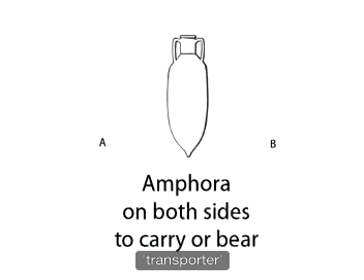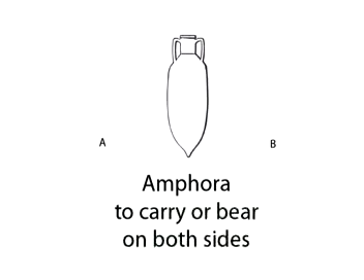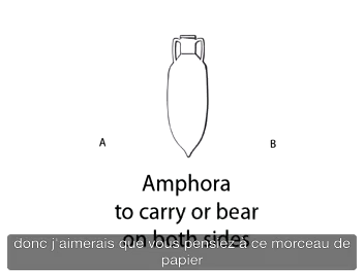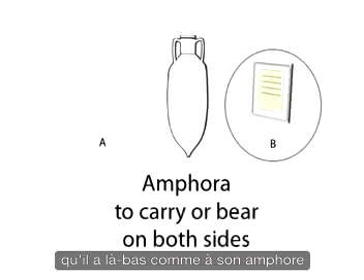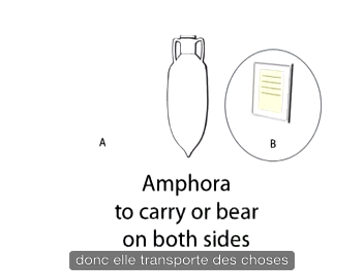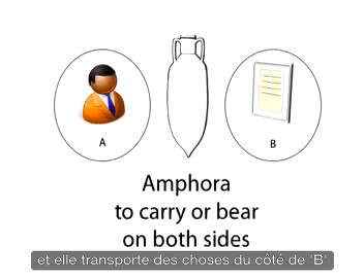So an amphora is something which carries things on both sides. So I'd like you to think about this piece of paper that he's got over there as this amphora. And it carries things on both sides. So it carries things that are on the side of A, and it carries things that are on the side of B.